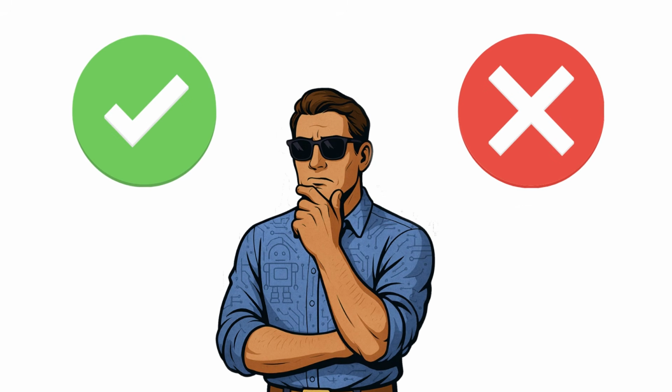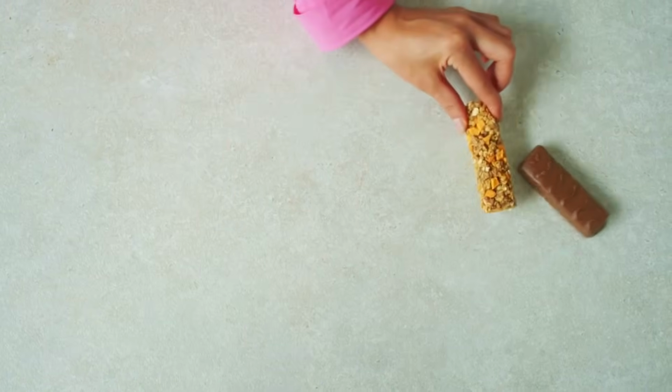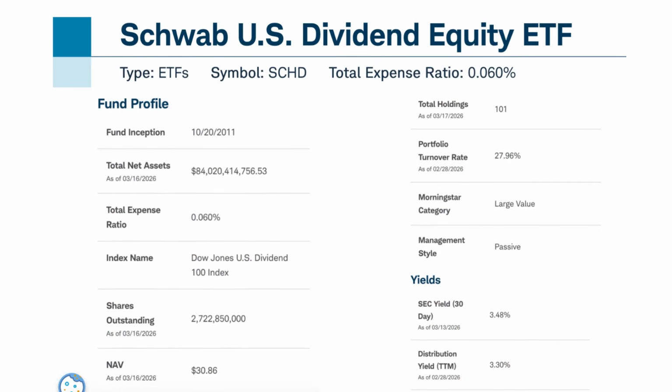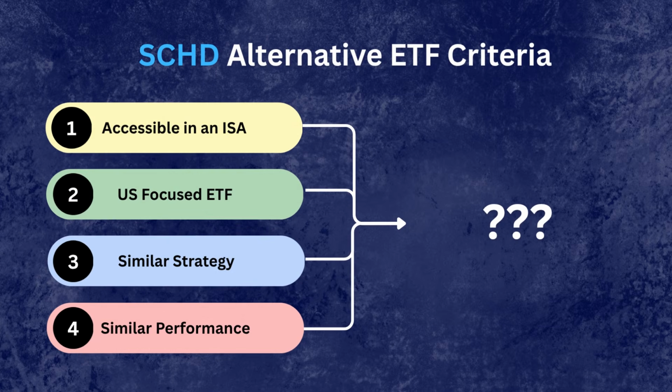There's no perfect replacement for SCHD. Nothing matches it exactly. Not the same structure, not the same yield profile, not the same performance history. And that's simply because SCHD is unique to the US market. But when you apply a clear framework and look across multiple sources, a pattern becomes very clear.